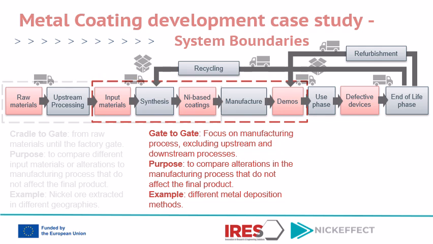For example, we could use them to compare alterations in the manufacturing process that do not affect the final product. If in the synthesis step we wanted to use different metal deposition methods, but we knew that this does not affect the performance of the final product, then we could apply system boundaries like the ones shown here.